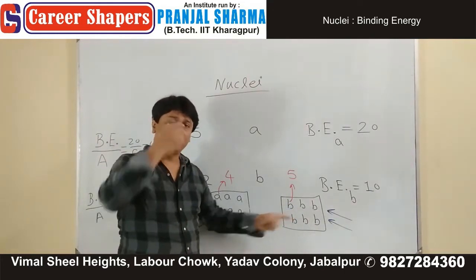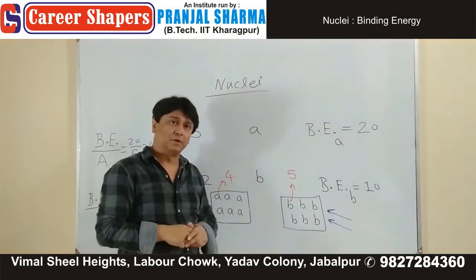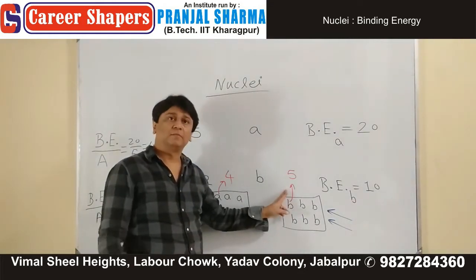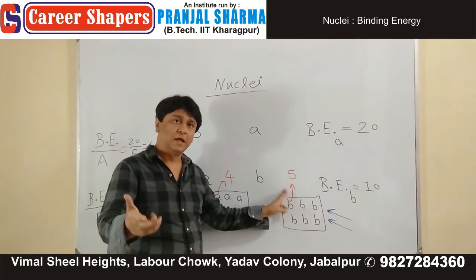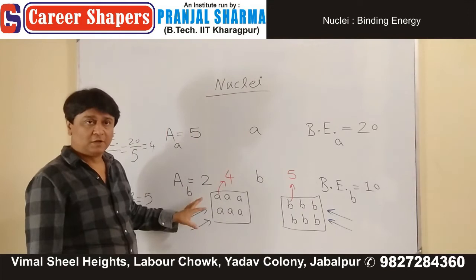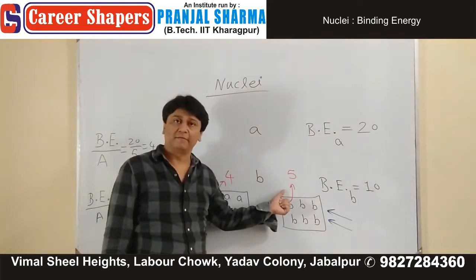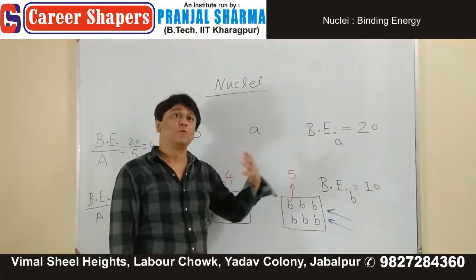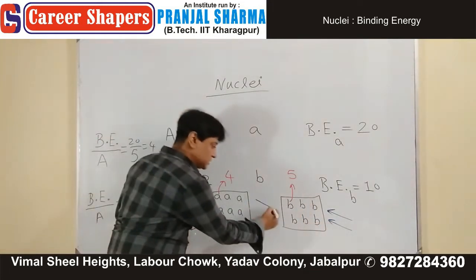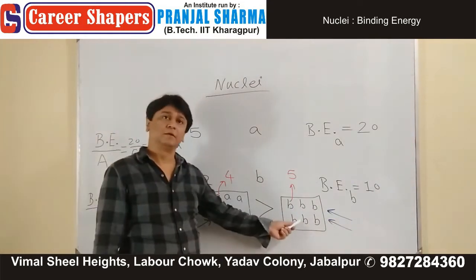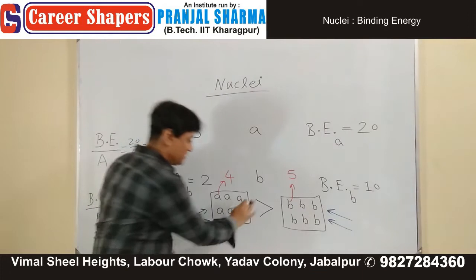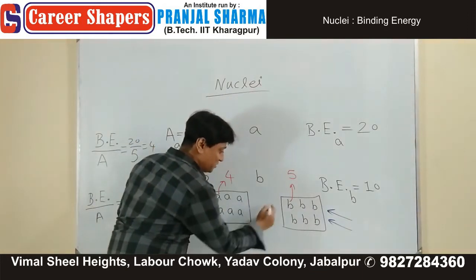And if I ask you which one should be more stable, then you will say what? To reach 5 it will take longer as compared to 4. They will receive 4 first, then they will receive 5. A is more stable than B. My fault. Which is more stable?